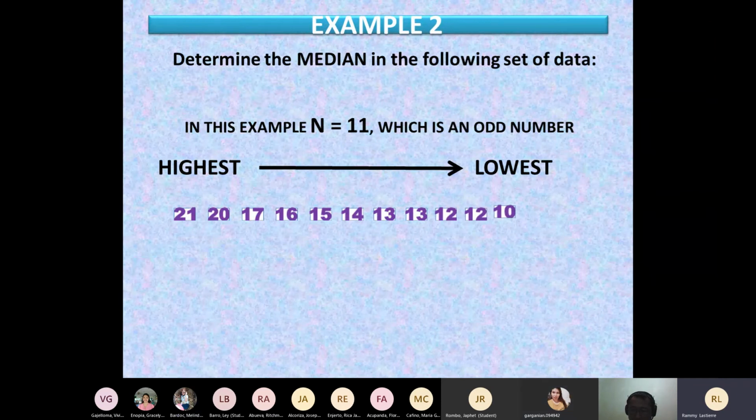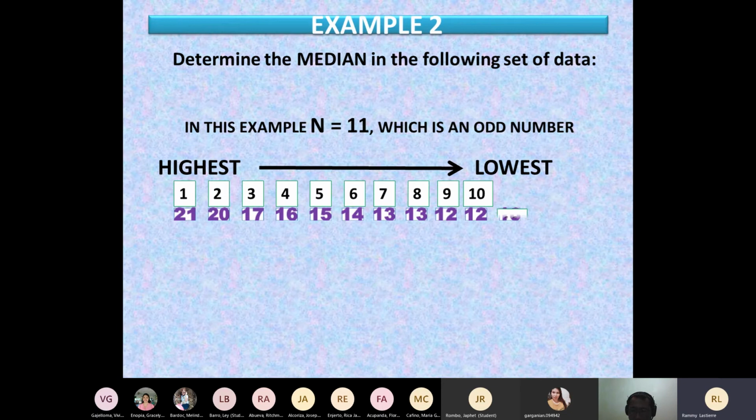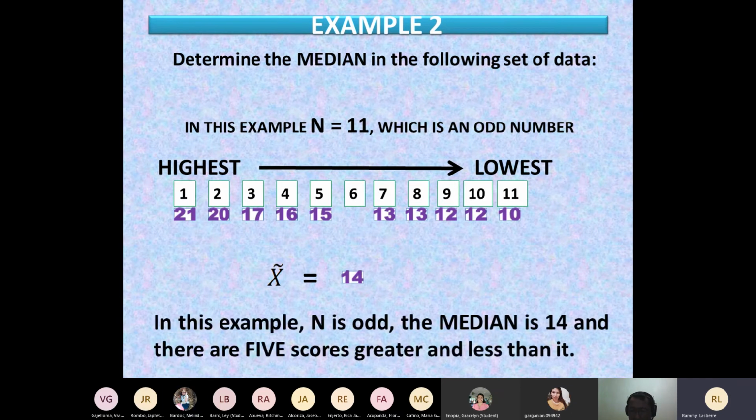The middle item, since this is an odd number, is 14. So, the middle item is 14. That is the median. Okay na? Yes, Doc. So very simple, no?